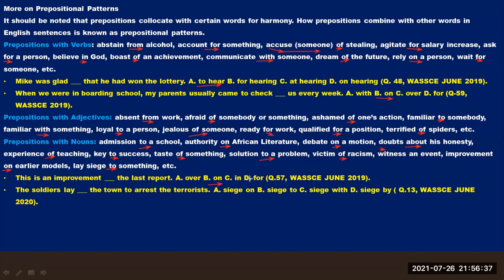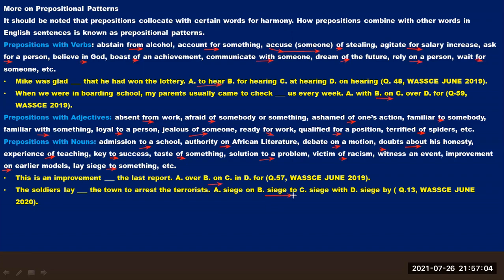Then the last question here, taken from question 13 of the West African Senior School Certificate Examination of June 2020. The soldiers lay dash the town to arrest the terrorists. A, siege on is not correct. B, siege to is correct.